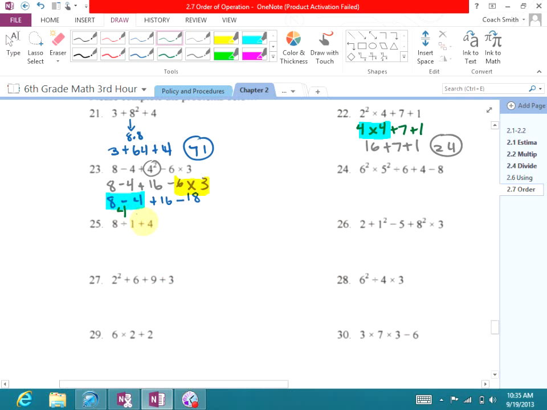So now I have 4 plus 16 minus 18. So the next step is 4 plus 16, which is 20, minus 18, which is 2.